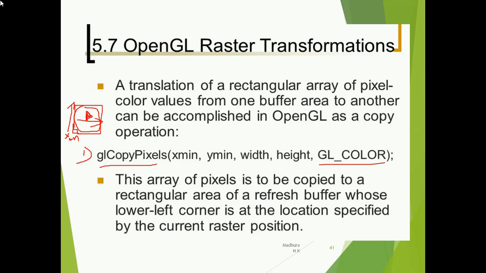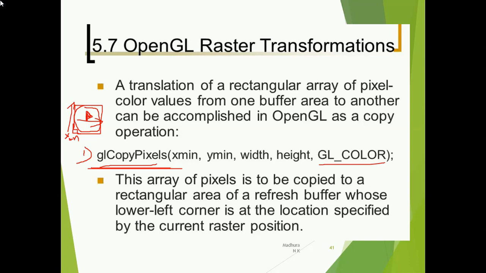Our aim is to create that rectangular section, and that is accomplished by this function: glCopyPixels(xmin, ymin, width, height, GL_COLOR). This whole process takes place inside the frame buffer.